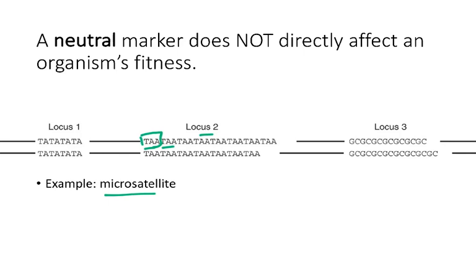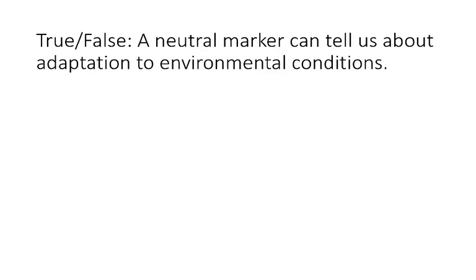And if you think about it, that makes sense that this marker would be neutral, because if you have in this organism a bunch of repeats of this nucleotide sequence, and in fact you can have different numbers of repeats for different alleles, it would actually be harmful to the organism if you were having these big changes in terms of the number of nucleotides at a gene that actually had an effect on fitness. So a microsatellite is one example of a neutral marker that does not affect an organism's fitness.